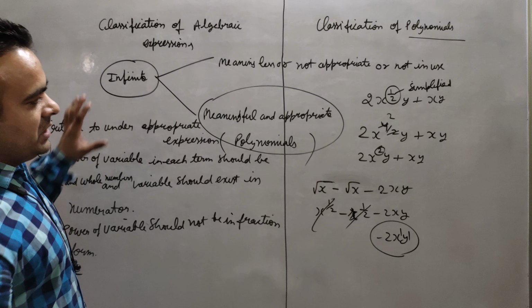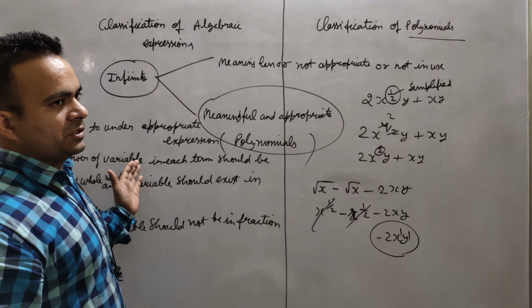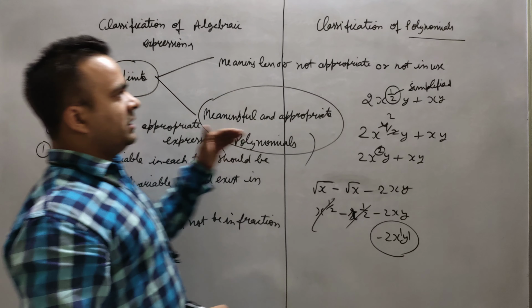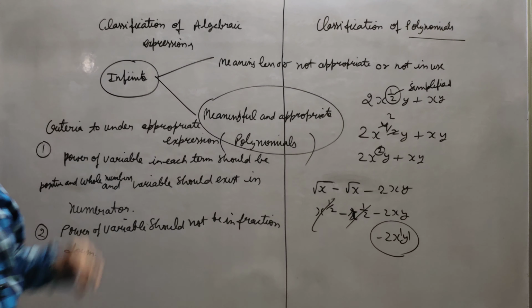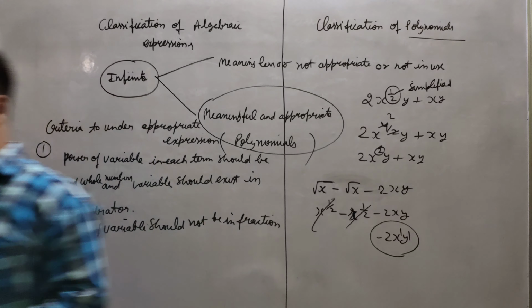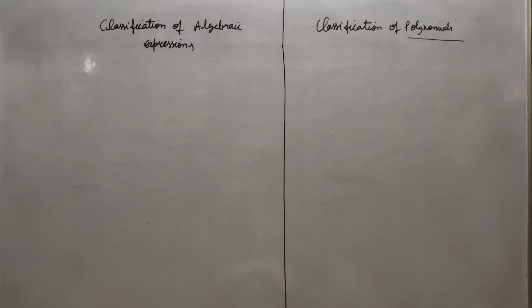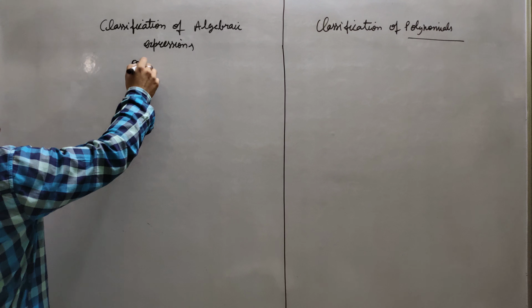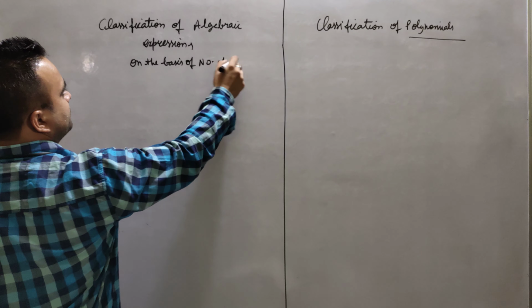Now I hope you have understood the meaning of polynomial and algebraic expressions, and the criteria which make an algebraic expression a polynomial, right? Now I am coming to the part which is related to the classification of algebraic expressions and classification of polynomials, right? I want to tell you one very simple thing here. The classification of algebraic expressions is on the basis of number of terms.